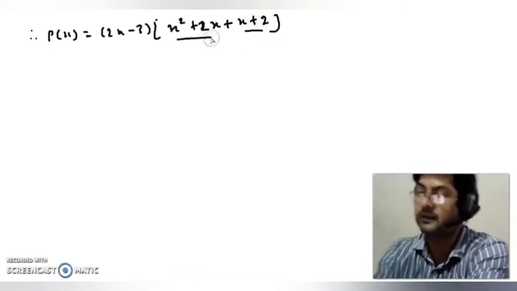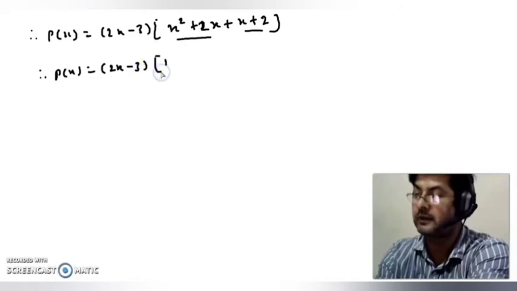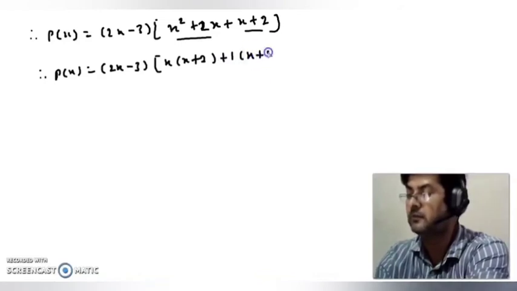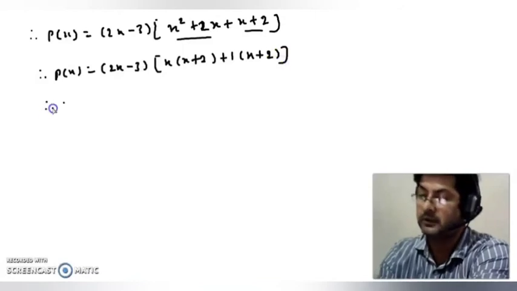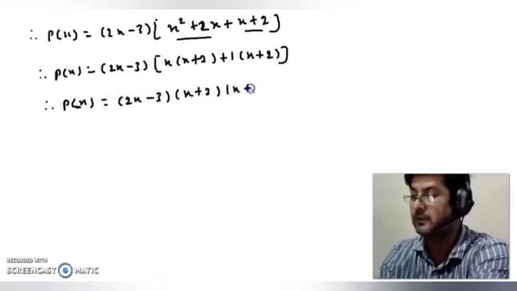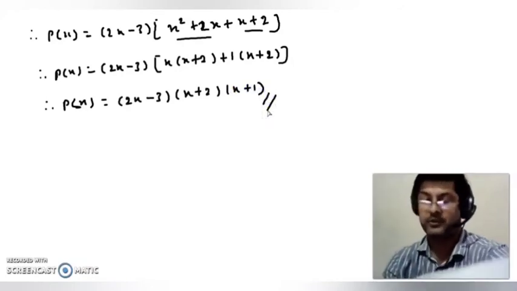Okay, we can take x common from the first two terms, x plus 2, plus 1 common x plus 2. Okay, and therefore p of x is equal to 2x minus 3 into x plus 2 into x plus 1. So here we have completed question number 8.